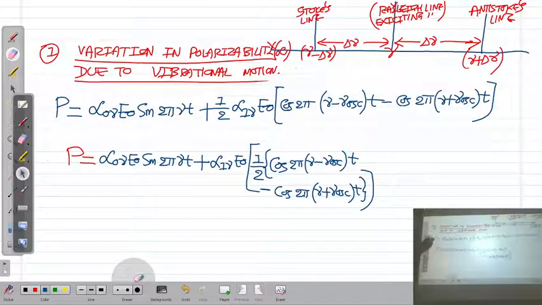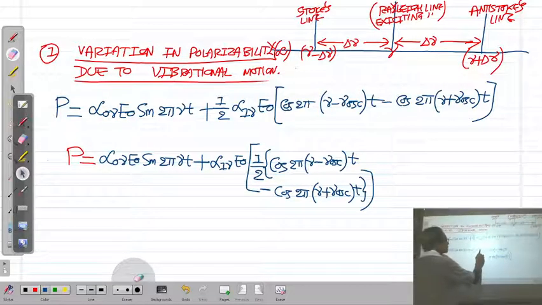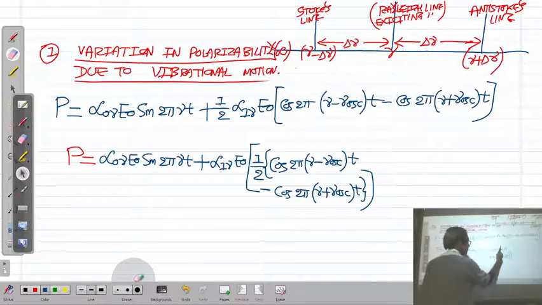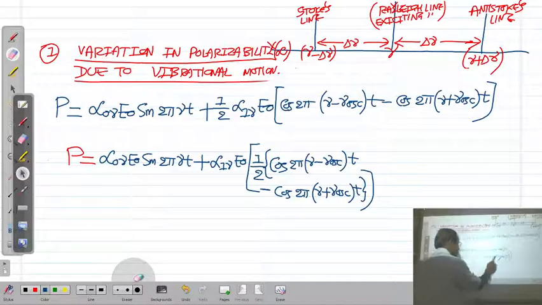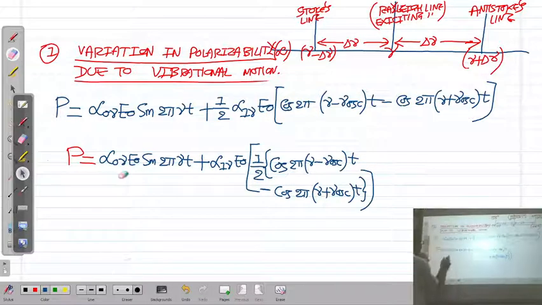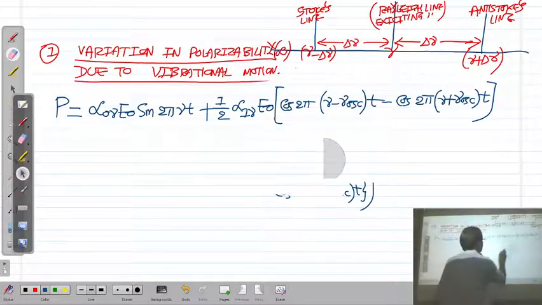So the induced dipole moment of a vibrating molecule, P, is alpha 0 nu E0 sin 2 pi nu T plus 1 by 2 alpha 1 nu E0 cos (2 pi nu minus nu oscillating) into T minus cos (2 pi nu plus nu oscillating) into T. So this is your final equation.